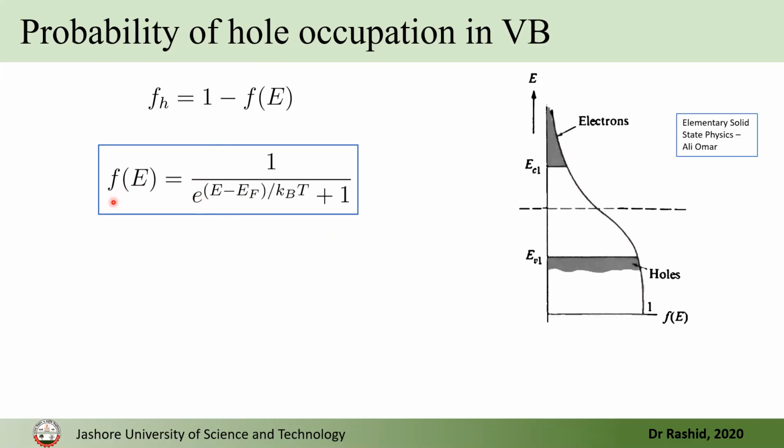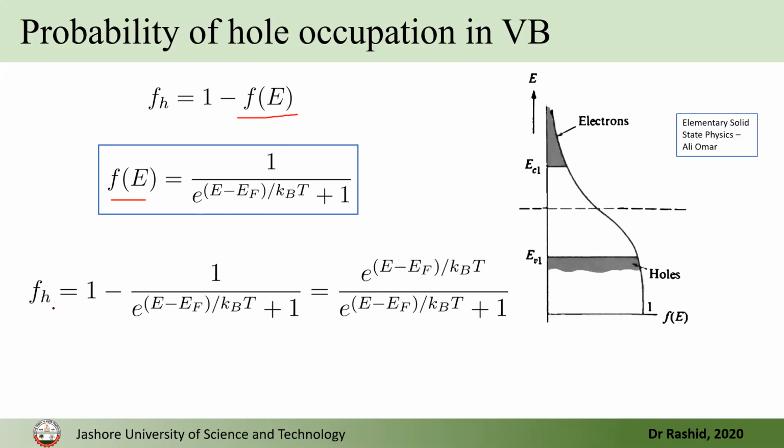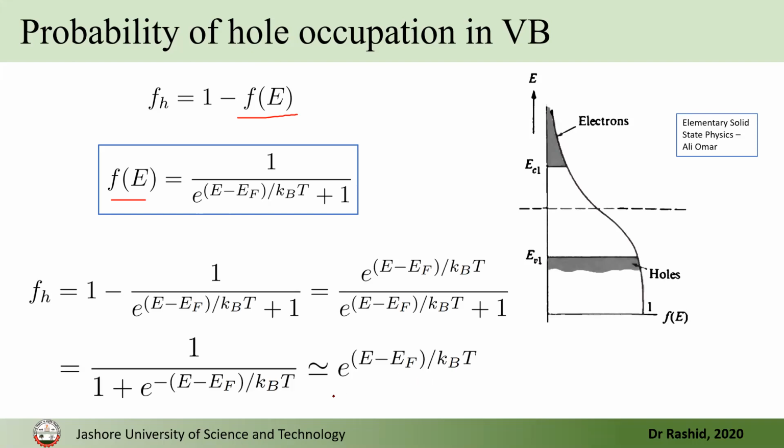So we put this value here and we calculate fh, and after some simplification we find this equation. Here also at this stage we neglected this one. Now we have the probability of a state being occupied with a hole.